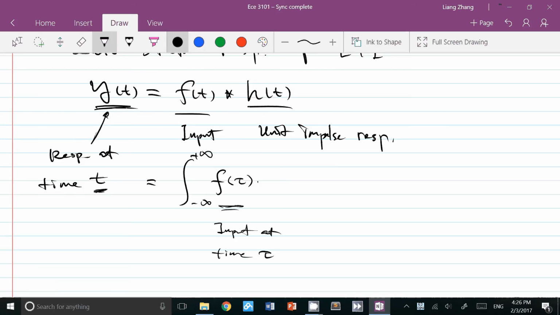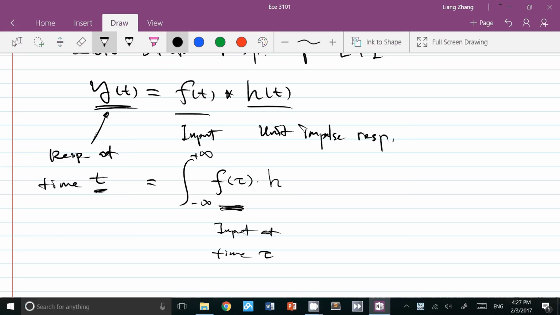Now, f of tau is the input that appears at time tau. It will generate an impulse response. So a single point of your input will generate a unit impulse response, because unit impulse response is the result of a signal at a singular point. So we'll generate an h. The magnitude of h will be determined by the value of the signal f of tau at this particular time moment.